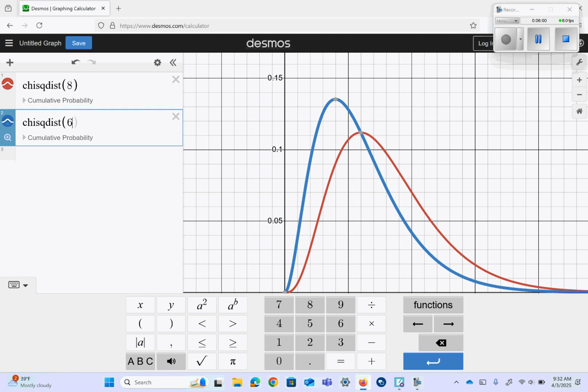So notice the blue versus the red. There are different things taking place in each of these. Because the blue is pulling back towards the y-axis, becoming a taller situation, that means that things out here are happening less often.